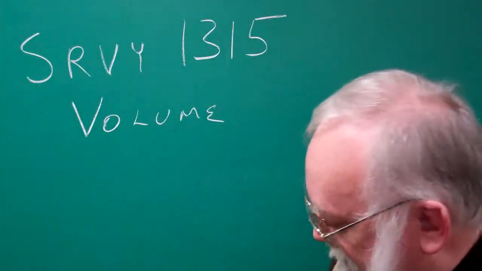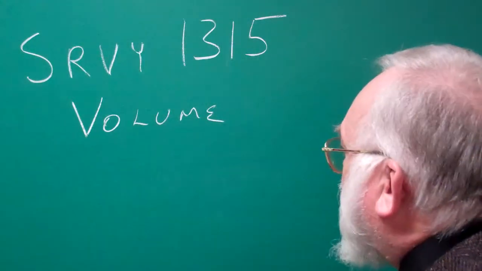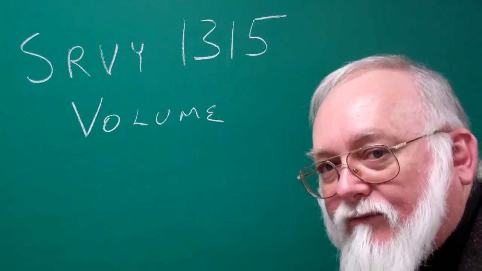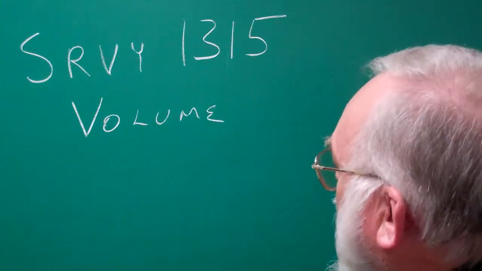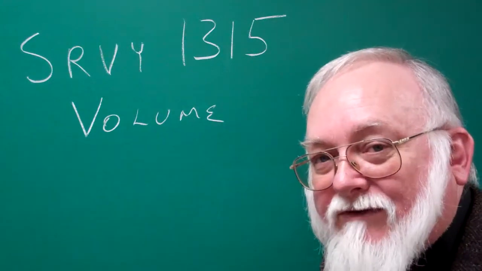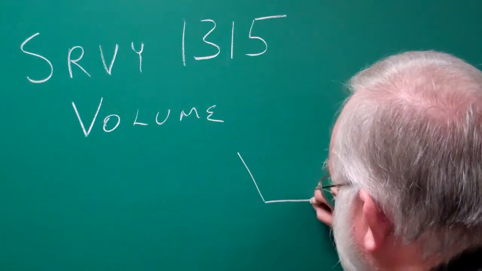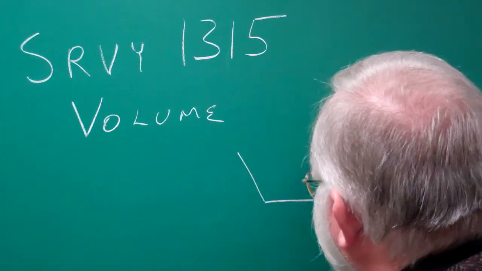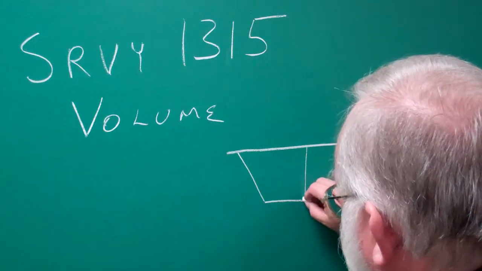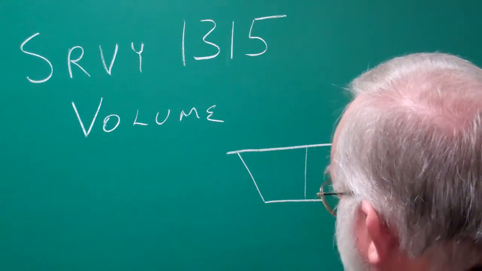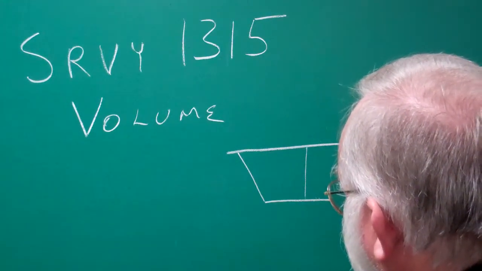One thing that there will be a lot of exercises in surveying is figuring the volume of material to be either removed or filled in, and that's the trapezoidal, flat bottom ditch. How do you figure it? You get the height, and you get the average of these two widths. So it's the height times the average of these two.